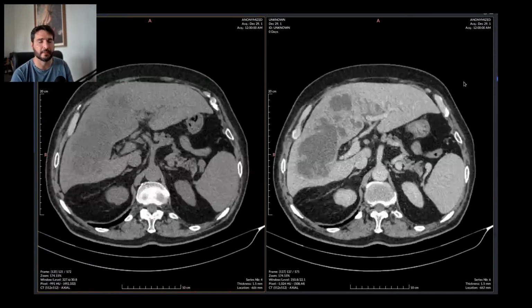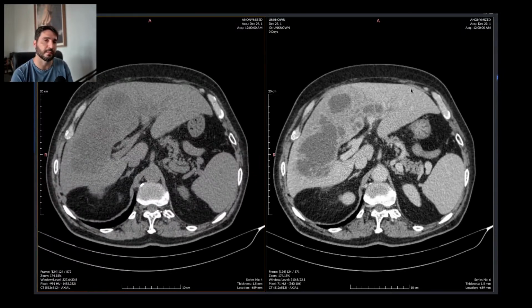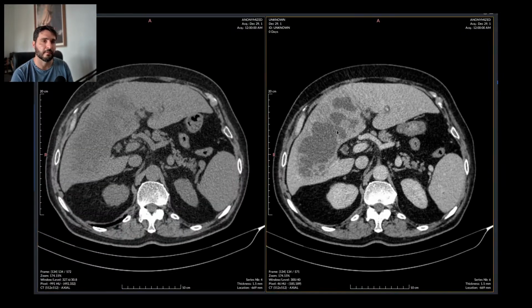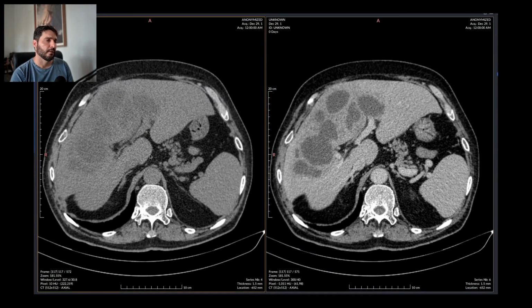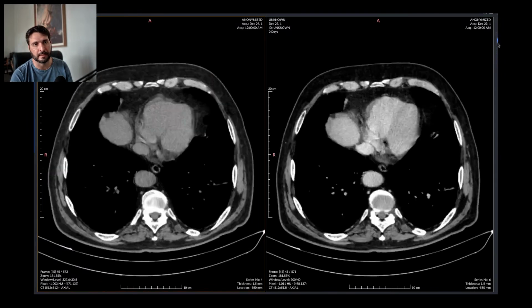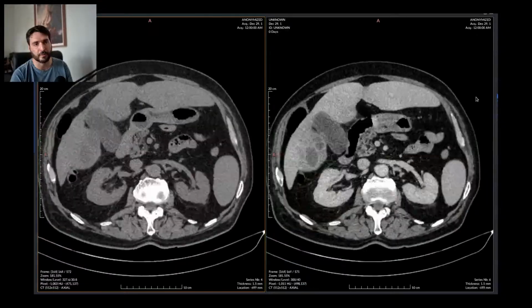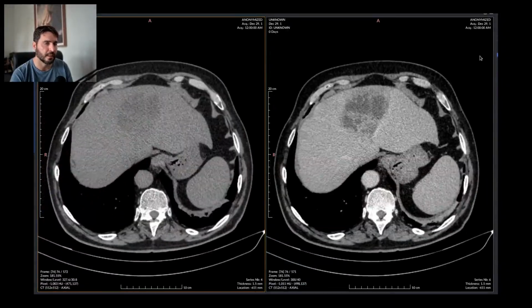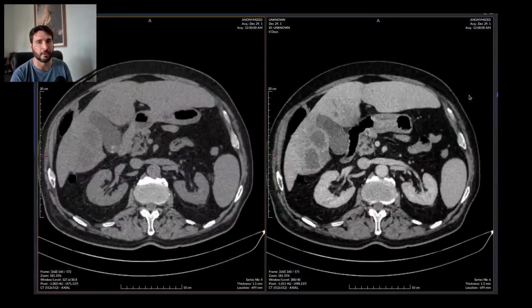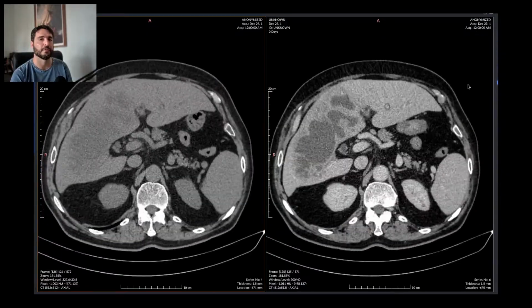Right off the bat, we can see that the liver is heterogeneous, it's strange. This is a non-enhanced sequence, and this is the post-enhancement sequence at the portal phase, which is about 90 seconds after the initiation of the infusion of intravenous contrast.